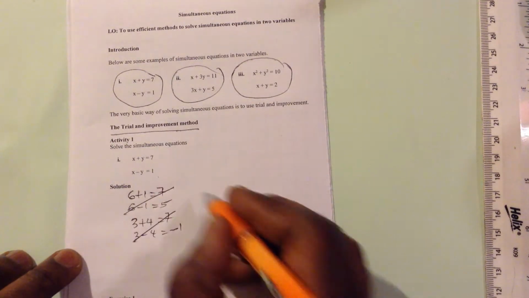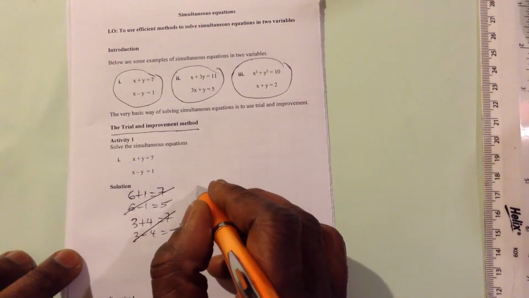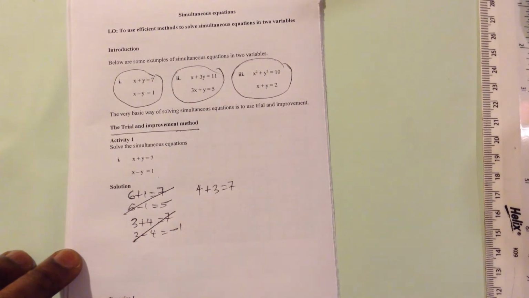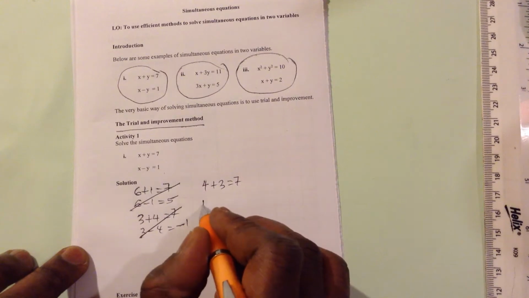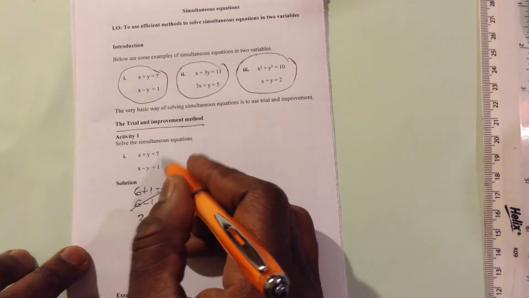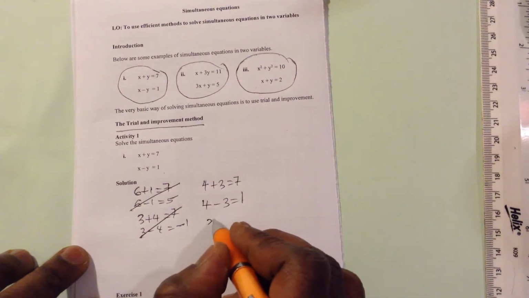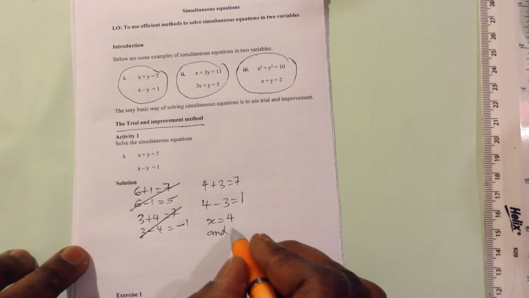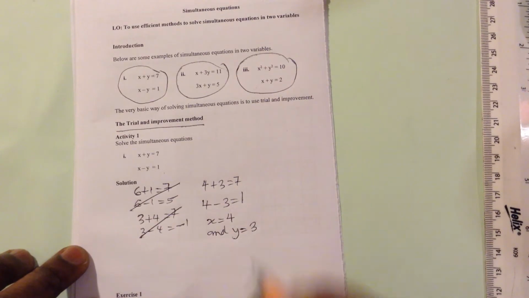We try another one. 4 add 3 equals 7, and 4 minus 3 will give us 1, which is correct for both equations. Hence we say our x is 4 and y is 3.